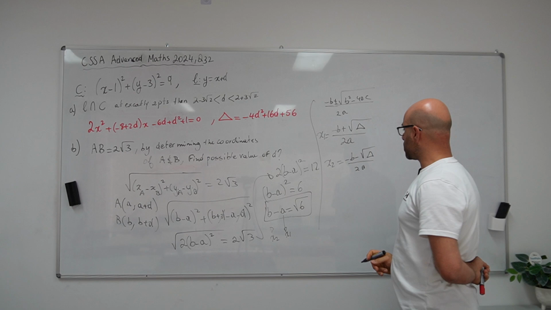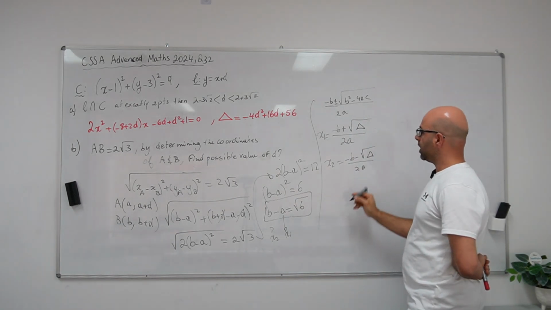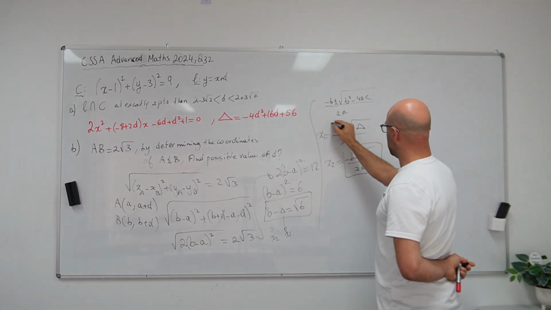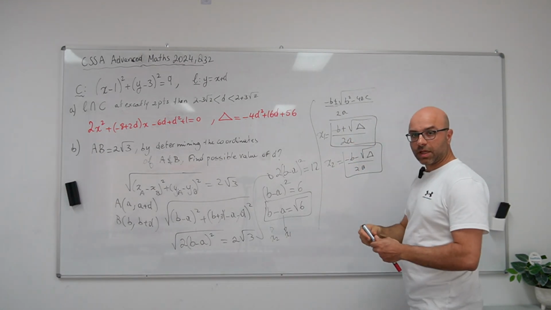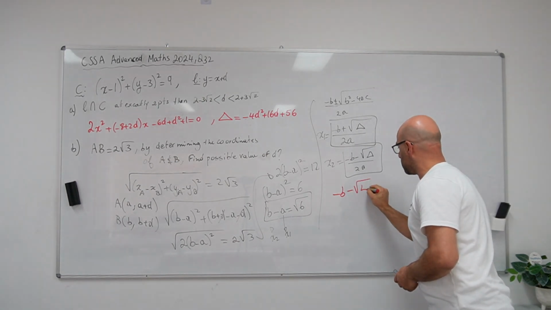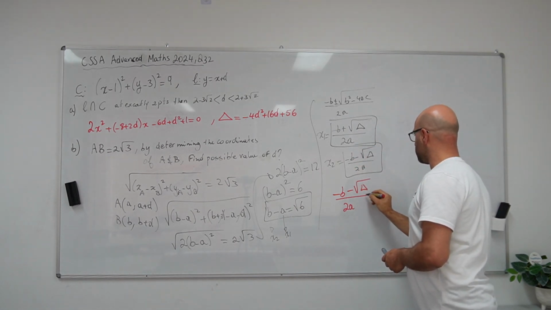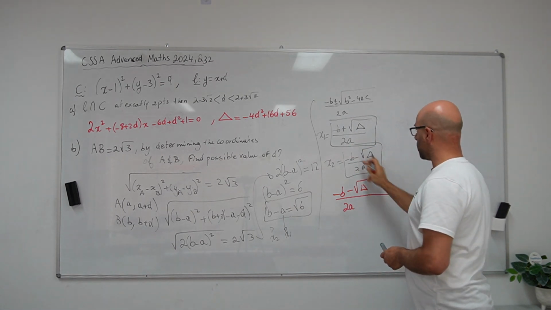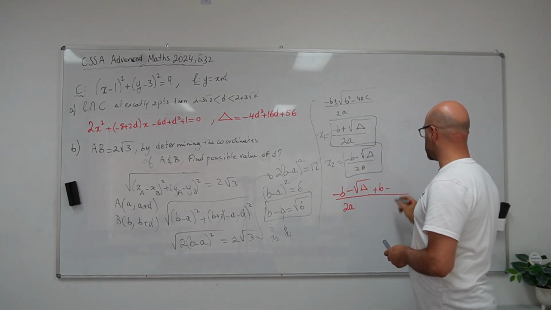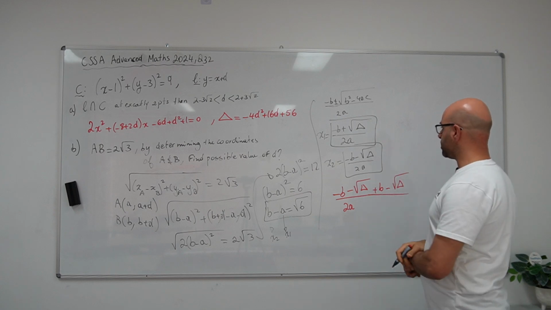When you subtract them, because I've got the same denominator, let's write x2 minus x1. So this one minus that. If you follow me here, we're going to get minus b minus the root of the discriminant over 2a, minus this one, because it's the same denominator. Negative and negative, this one turns to positive, and this one turns to negative. Do you agree?